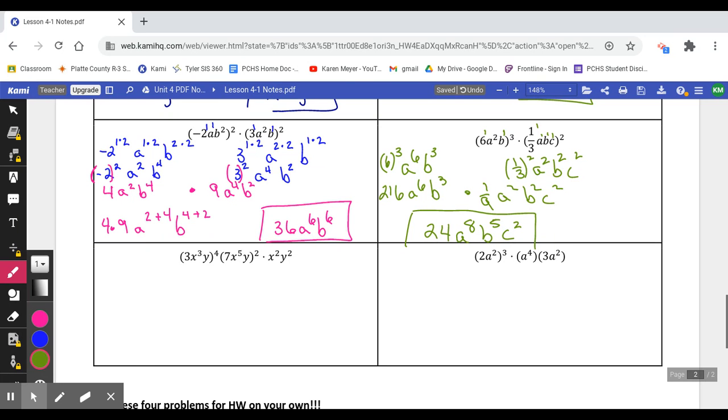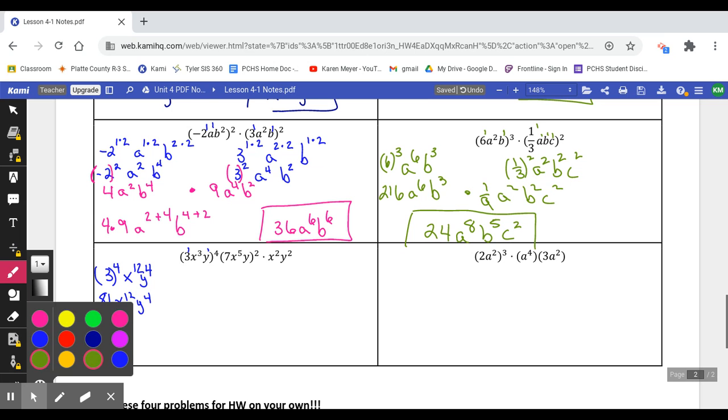Okay, so now on the last row, just going to start with the first parentheses. So that would be 3 to the 4th, x, 3 times 4 is 12, y, 1 times 4 is 4. And then I'm going to type in 3 to the 4th power on my calculator, which is 81. Okay, go to the middle one.